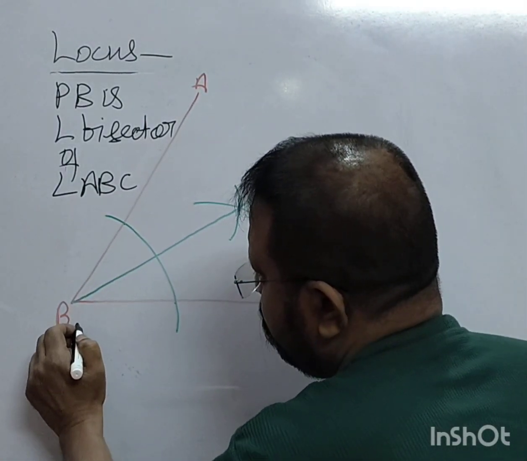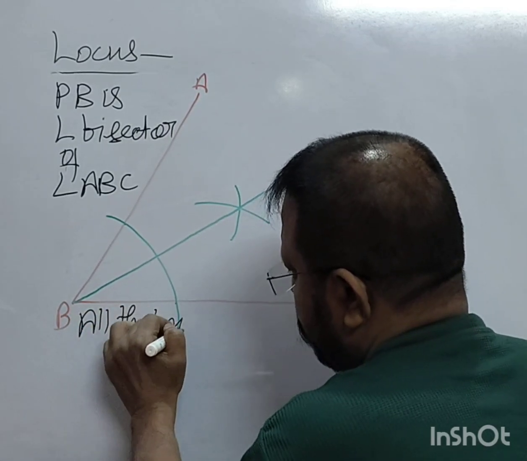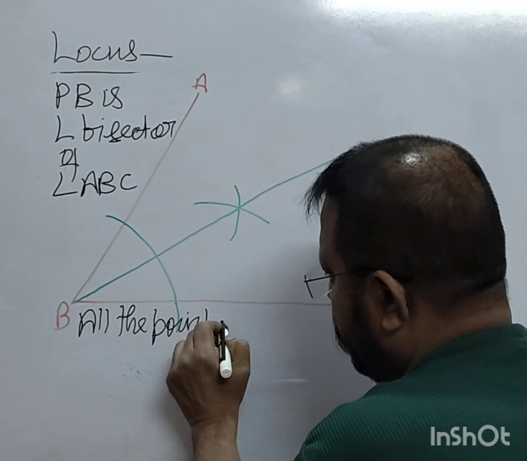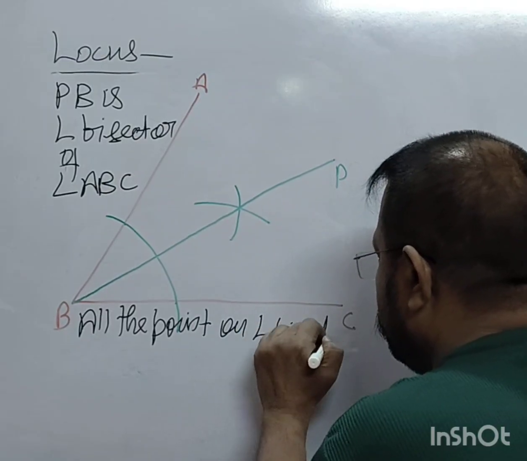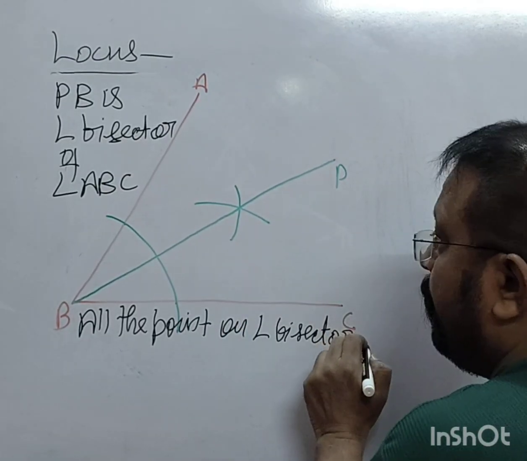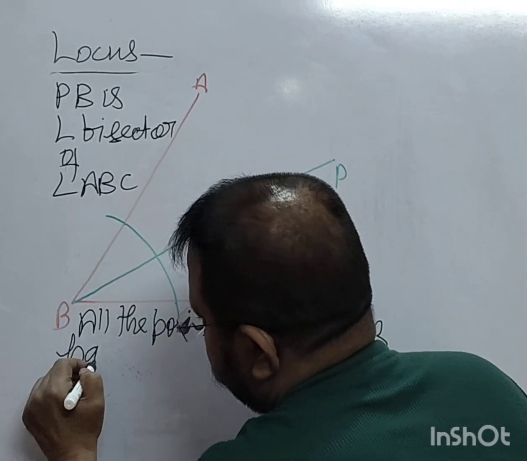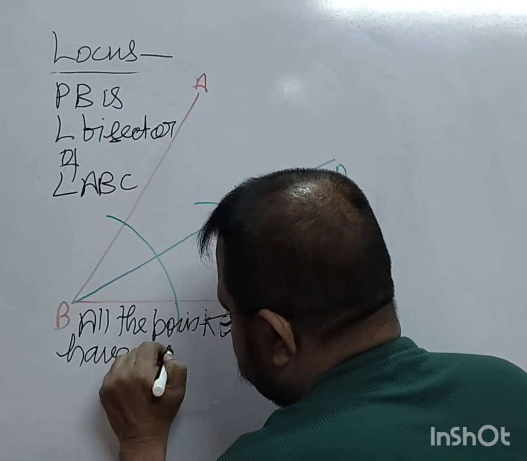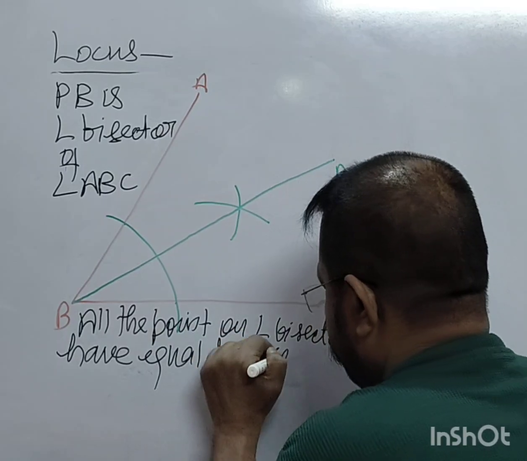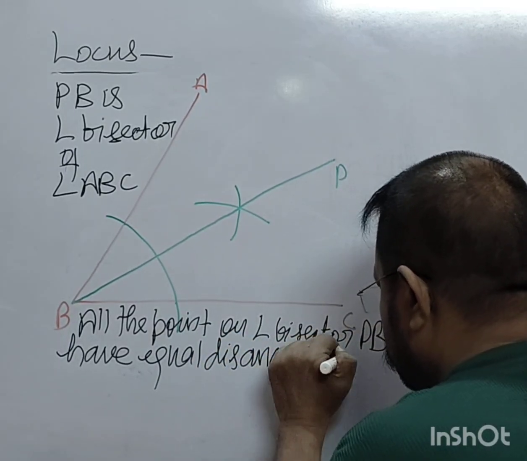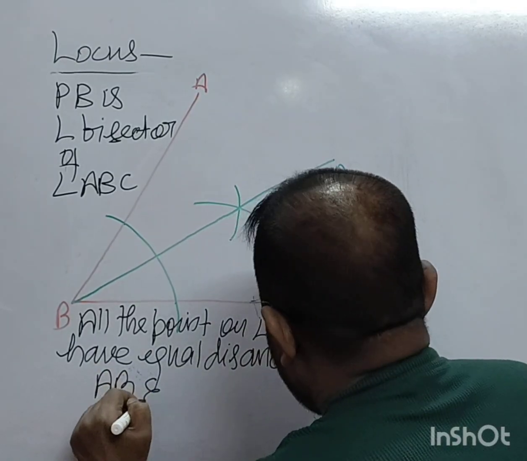And all the points on the angle bisector PB have equal distance from AB and BC.